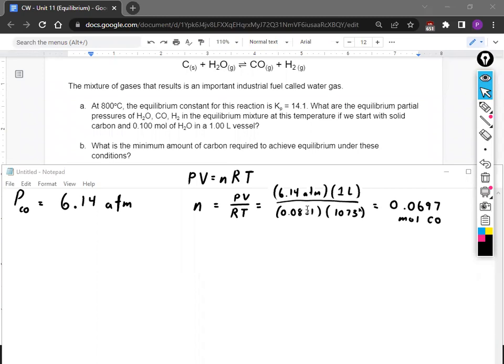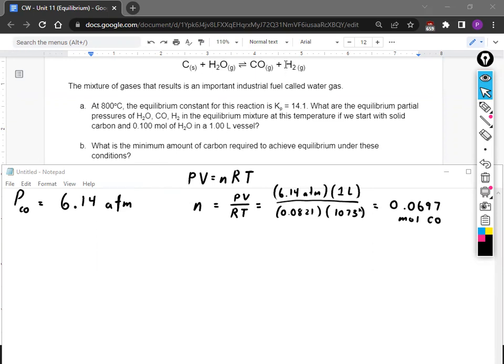So if you plug in your values for the ideal gas law, you'll get this value, 0.0697, for your moles of carbon monoxide. Okay, now one thing I do want to mention before we move on is that we picked the partial pressure of CO, and that's totally fine.